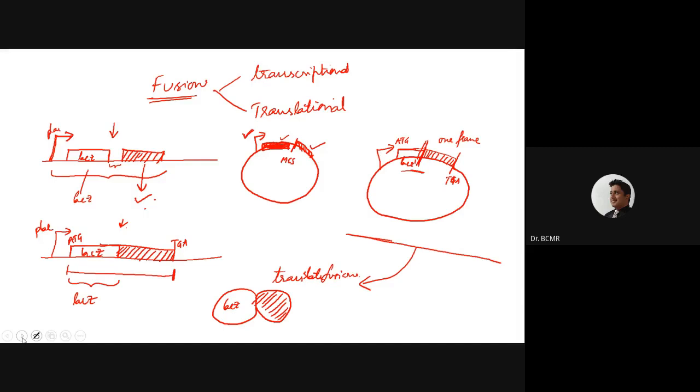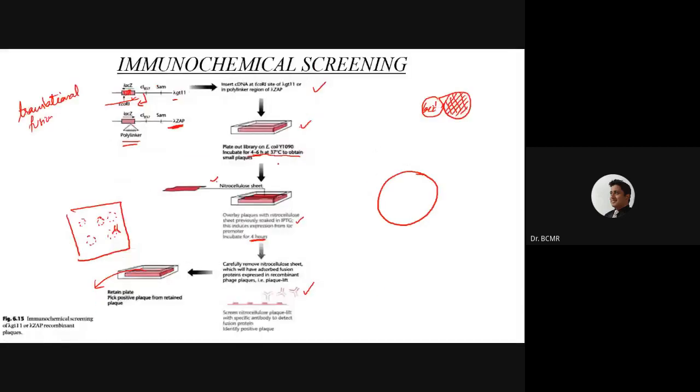What we also have to remember is that for screening purposes, finding the clone or the plaque is difficult. There might be very few binding interactions between the protein, the antigen, and the antibody.